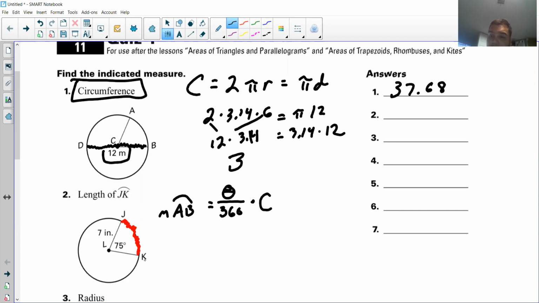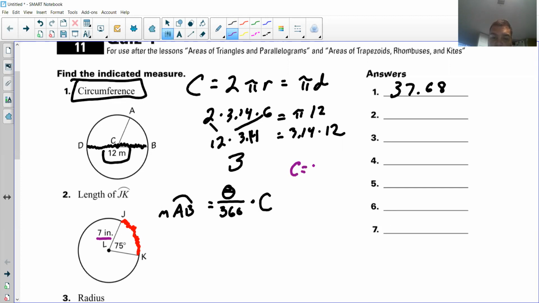Because we're looking for the edge of the circle, we're going to use circumference. If we were looking for a shaded area, we use area. Okay. One issue though, we only have the radius, we don't have the circumference.